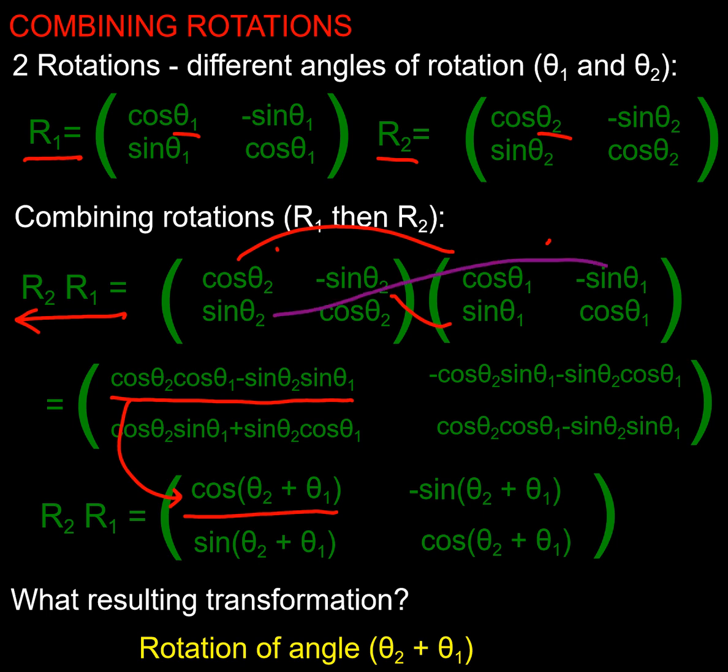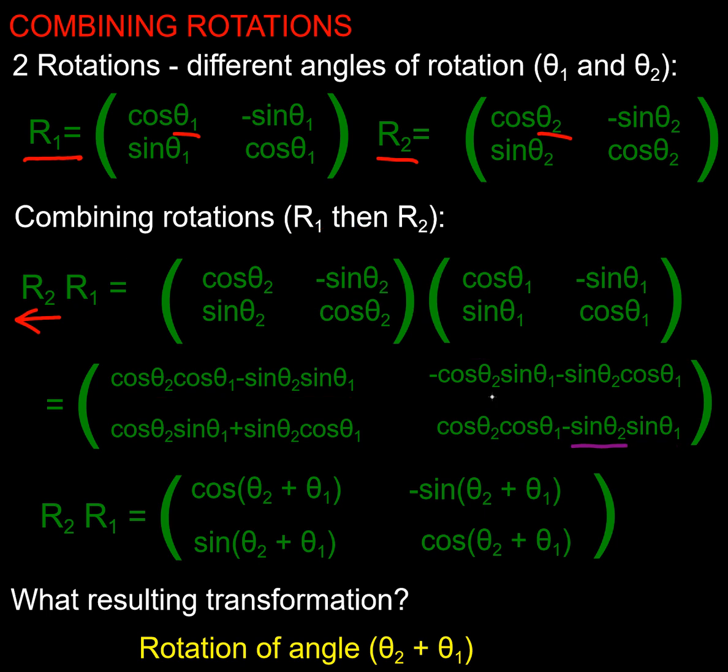And if you think about it, the same thing happens in the bottom right. So look, I've got a sine, but that's negative, and I've got a cos, so it is positive, so I've got exactly the same expression. So these two are both the cosines of the combined angle. What's happening in the other two corners? This is important because this will tell us what sort of operation we're looking at afterwards. Well, let's have a look at top right.